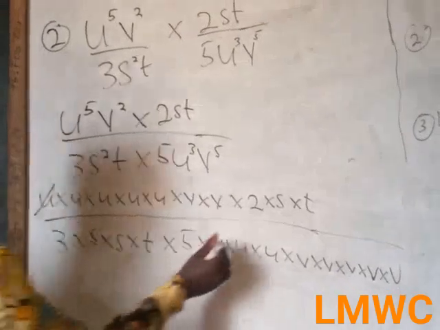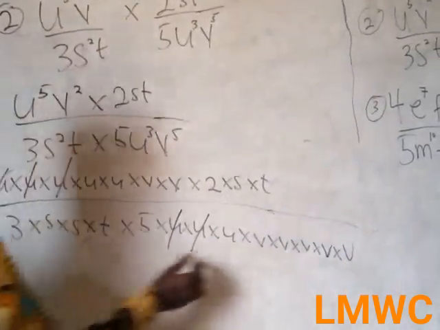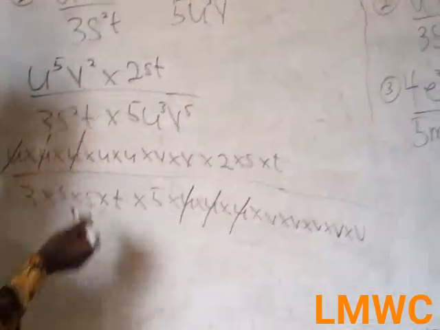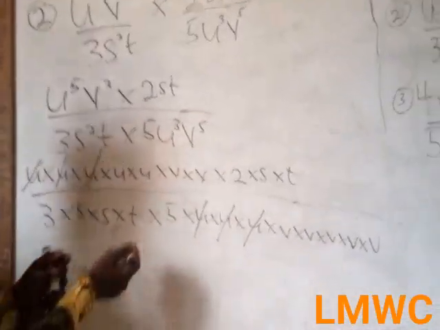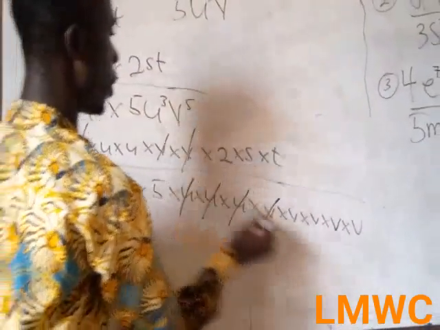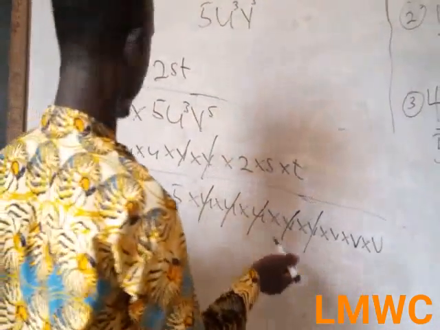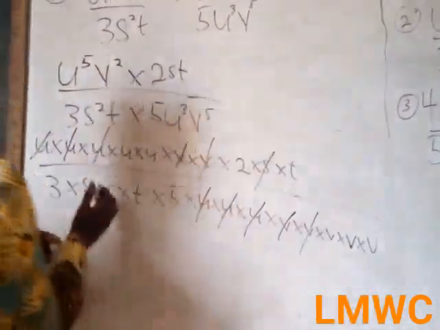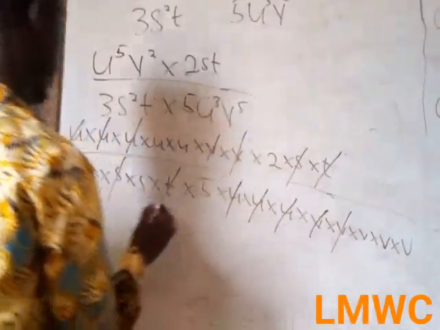This u will cancel this, this will cancel this, this will cancel this. So I have finished cancelling my u. Let's move on to v. This will cancel this, this will cancel this. I'm done with v. Let me move on to s. This cancels this. t cancels this.